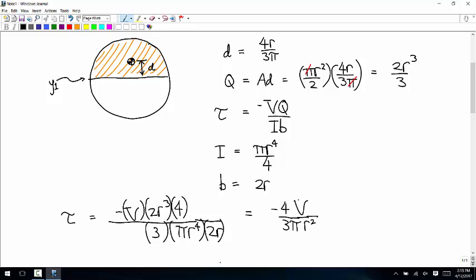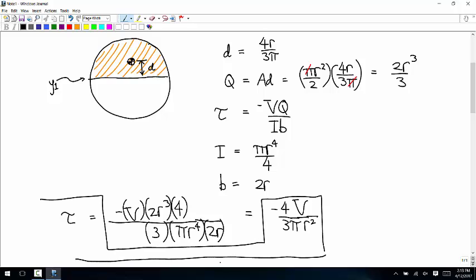Times V. So if you're trying to calculate the stress due to shear force with a circular cross section, you can only do it along the neutral axis, and it's always this.